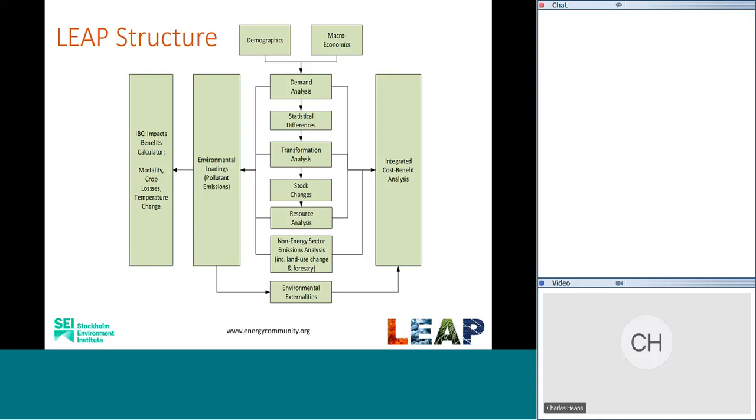Let me move on to the structure of LEAP, and I hope I'm not going too fast with the screen changes here. This green chart just shows you the rough layout of how the information flows through the software. In LEAP, you always start out at the top with some kind of demand analysis. That's where you think about the consumption of energy in the country, which might be influenced by certain trends in demographics and macroeconomics.